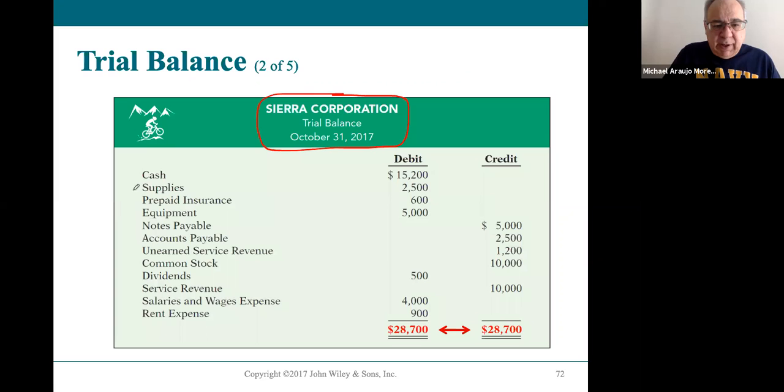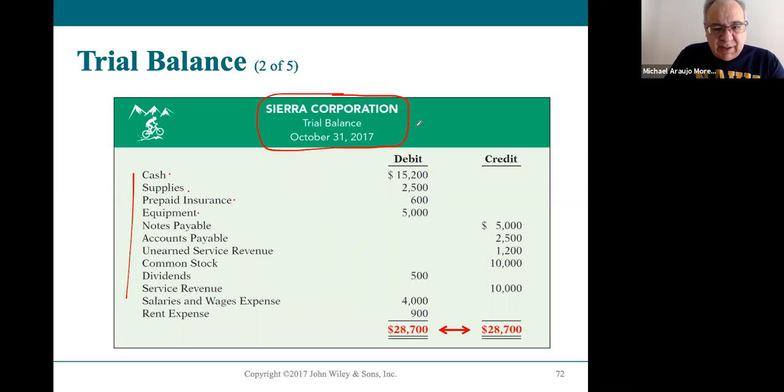A trial balance is quite easy to put together. You simply put the accounts down in the list that is shown in the ledger. If there's no ledger, you put them in the order that you learned: assets, liabilities, stockholders' equity accounts, ending with dividends, revenue accounts, and then your expense accounts. So notice cash, supplies, prepaid insurance, and equipment are all assets.